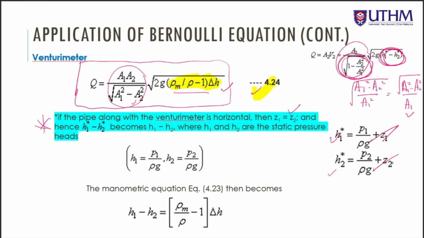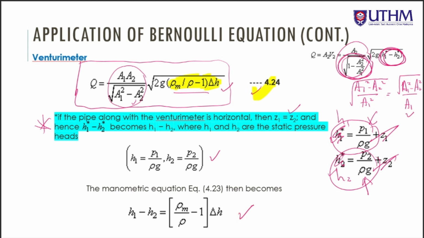So if let's say Z1 and Z2 tak ada, and kita cancel out, dia hanya tinggal benda ni saja. Benda ni is actually, benda ni dah jadi H1, benda ni dah jadi H2, which is the static pressure at section 1, static pressure at section 2 kan. Kalau kita tengok Bernoulli, this is the first equation, the first term kan. The first term is actually the static pressure, which is H1 dan H2. Okay, so then the mathematical equations will then becomes like this kan.